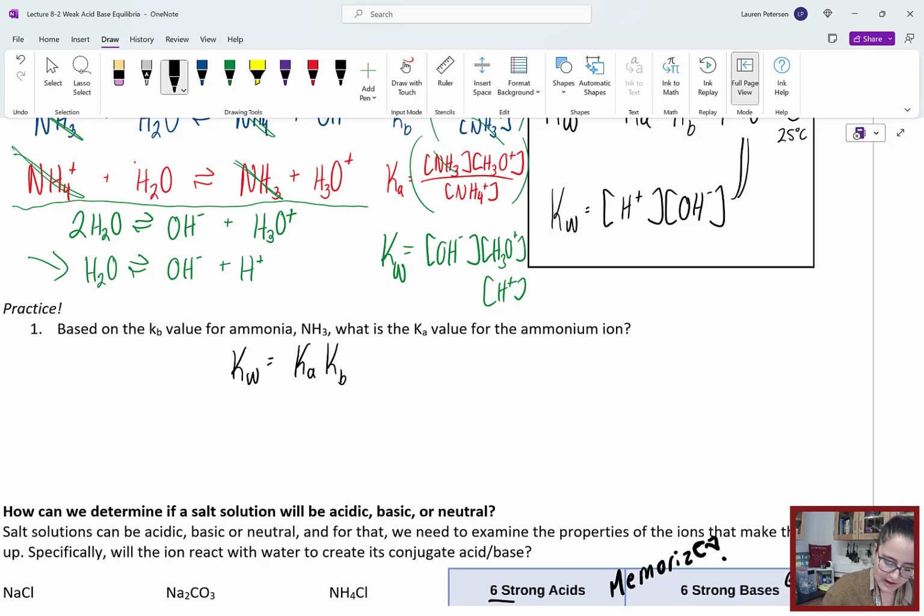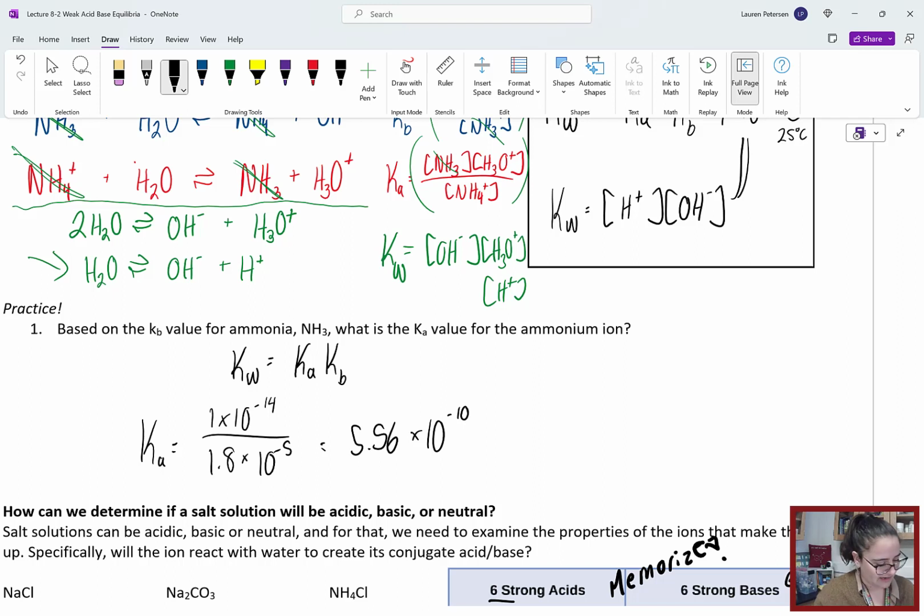So then if we're solving for the Ka, it'll just be Kw, which is 1 times 10 to the negative 14 over that Kb expression, which we already found, or was given, as 1.8 times 10 to the negative 5, which when you plug that into your calculator, you get 5.5555, so 5.56 times 10 to the negative 10.